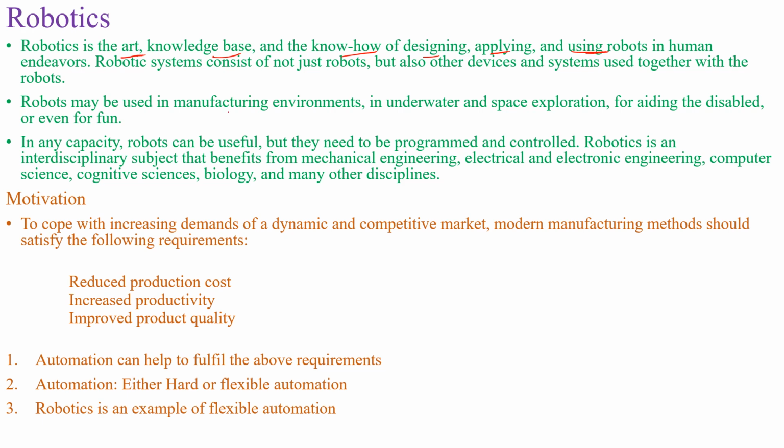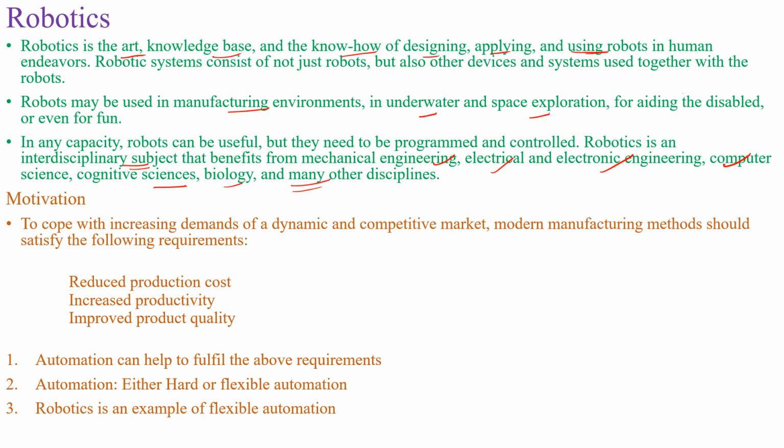Robots may be used in manufacturing, underwater and space exploration, and for aiding the disabled. We all know about the applications of robots. A robot is an interdisciplinary subject: mainly mechanical engineering, electrical engineering for actuation, electronic engineering for the controller, computer science for the software, and then AI, biology, and many other disciplines.